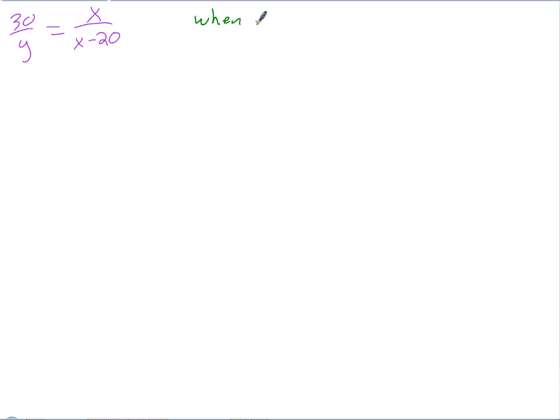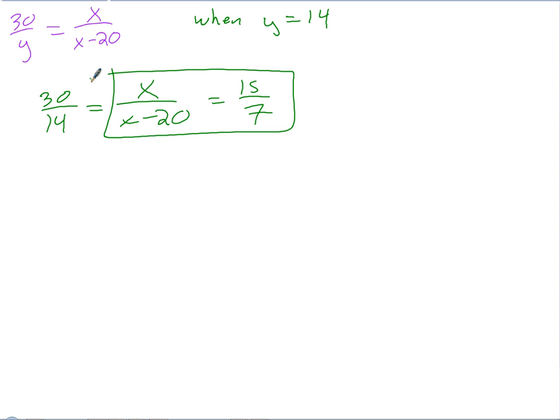Y was 14, right? So that's the same thing as 15/7. We can just make that 15/7, okay? And now we're just going to cross multiply.